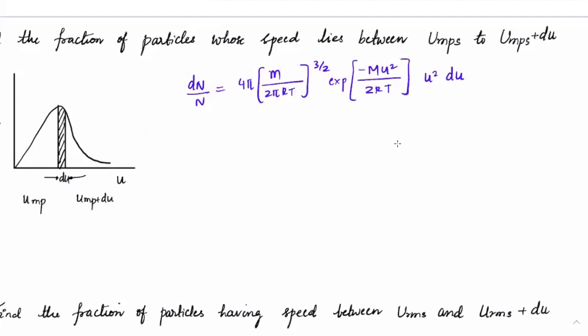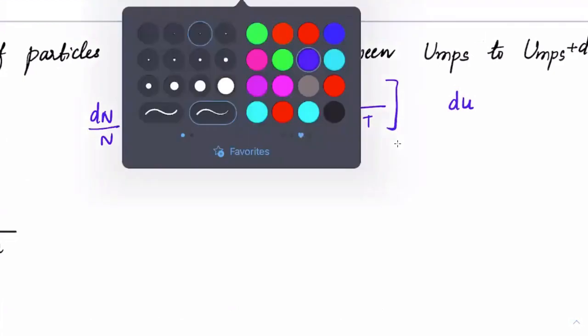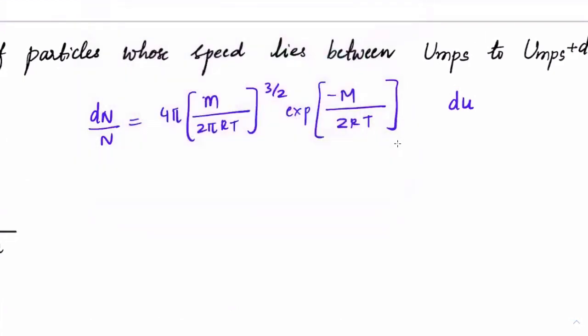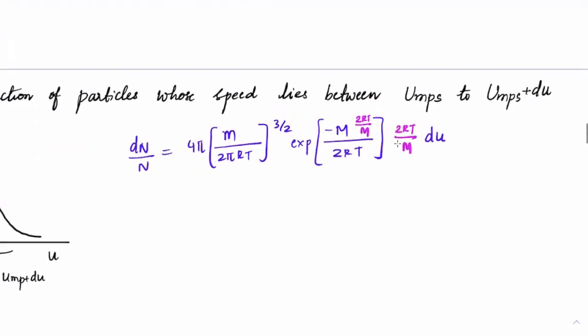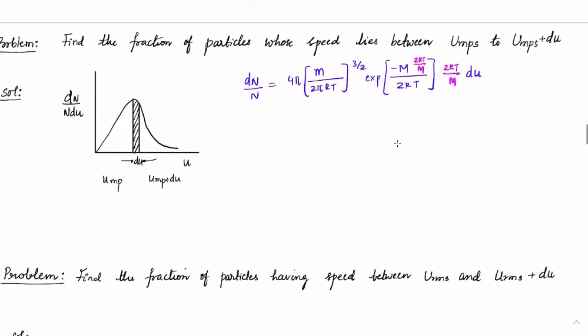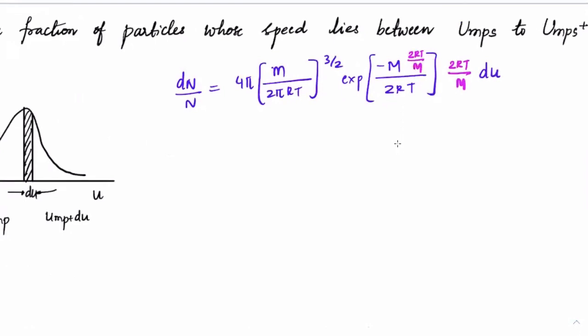So what I will do is replace this u square with its value. So what is the value of that? u square is 2RT by m. Here also it is 2RT by m. So you can see in the exponent everything is getting cancelled. 2RT and 2RT will get cancelled here.